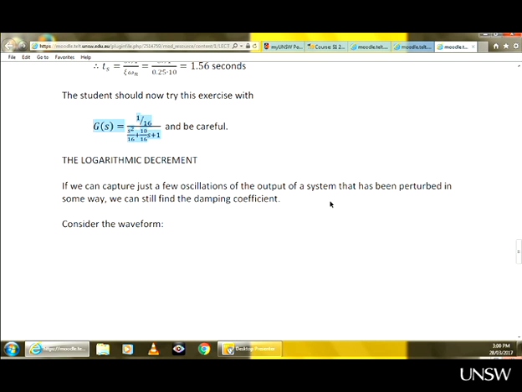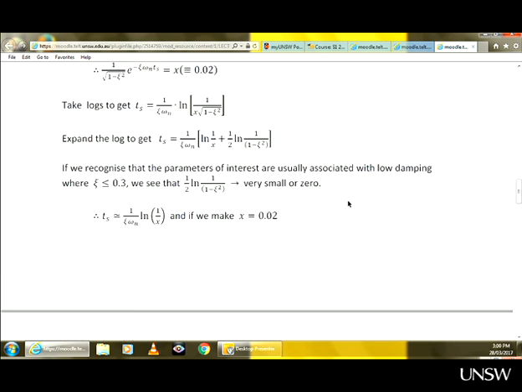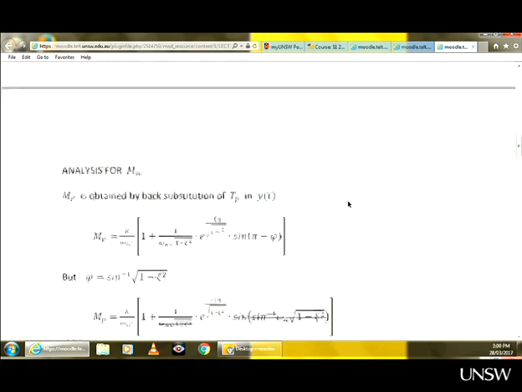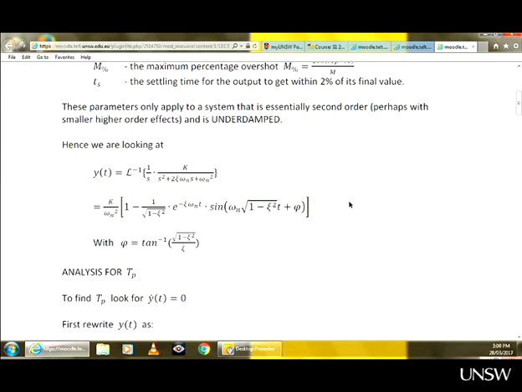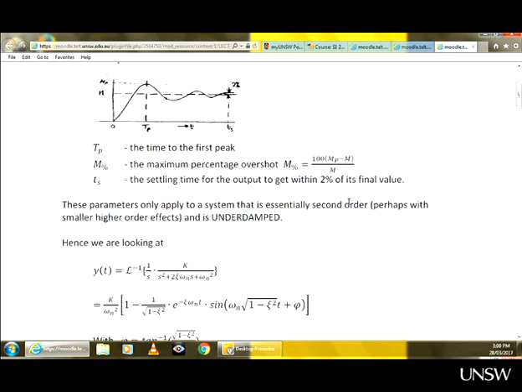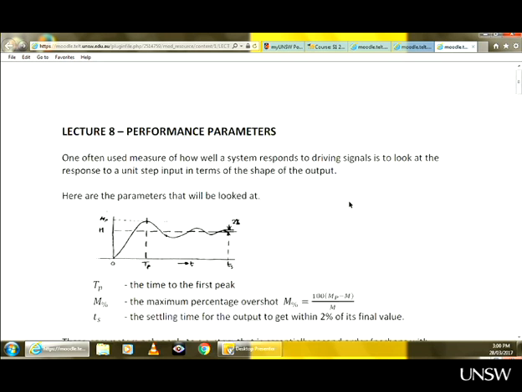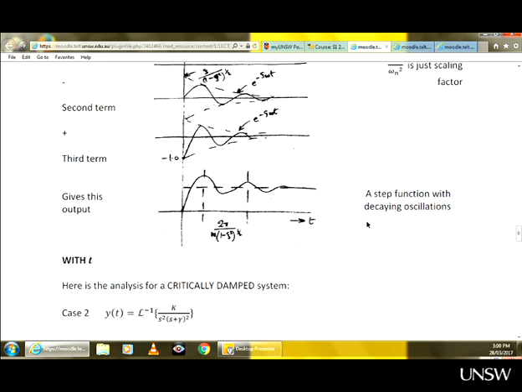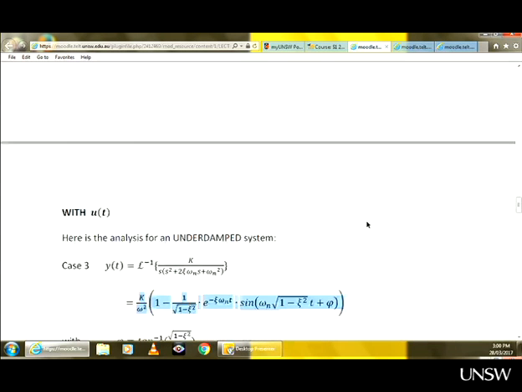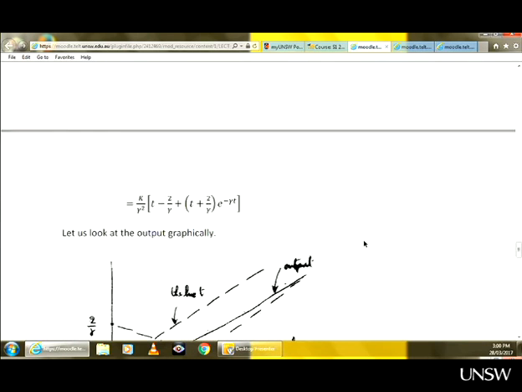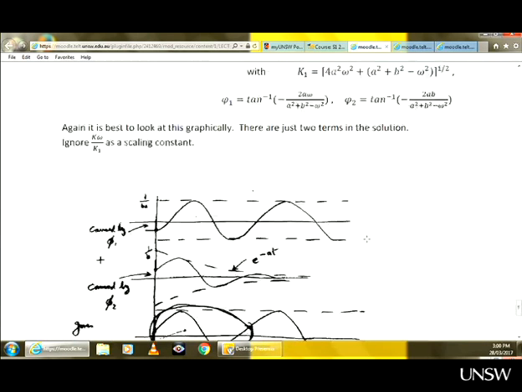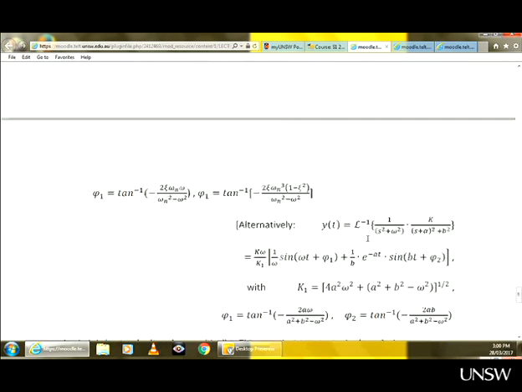No, 5.2. Okay. Did you print from here? Yes. And you didn't change anything? I know. This is 7. Oh, okay, yeah. No, it's down here.